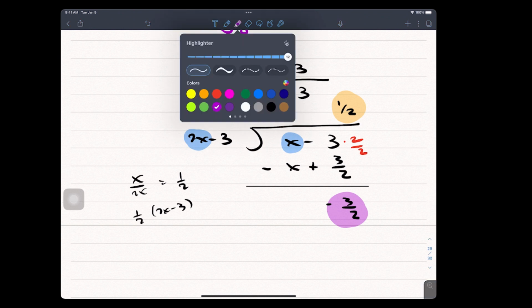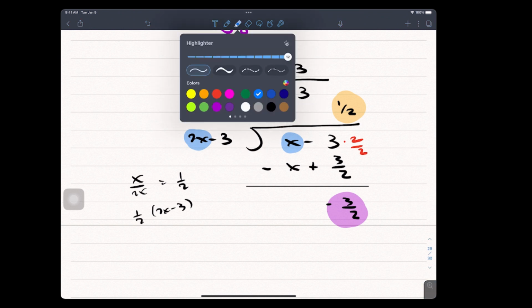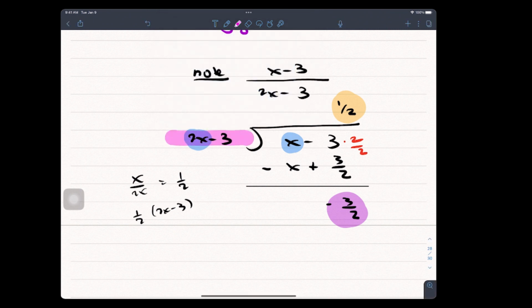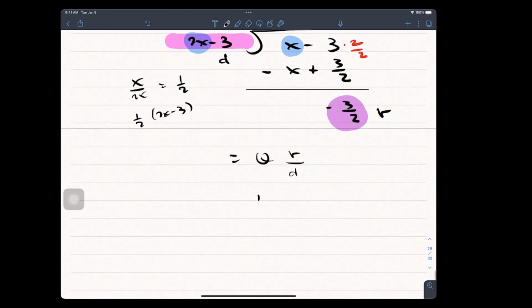And then in blue, this is what you're dividing by. Not blue. Let's change the color to pink. This is a mixed number: quotient, remainder, divisor. So this fraction equals quotient plus remainder over divisor. This fraction equals 1/2 minus 3/2 over that 2x minus 3.